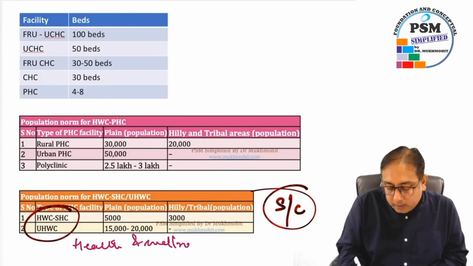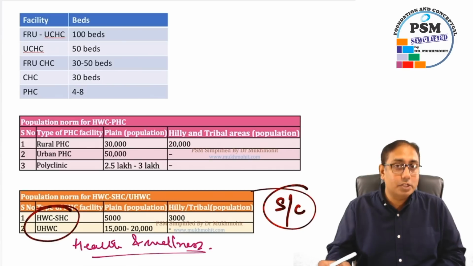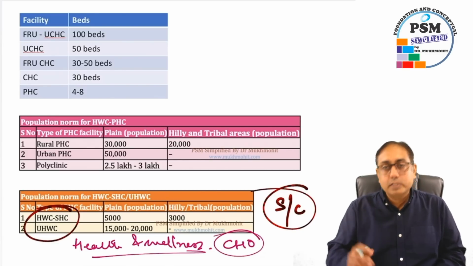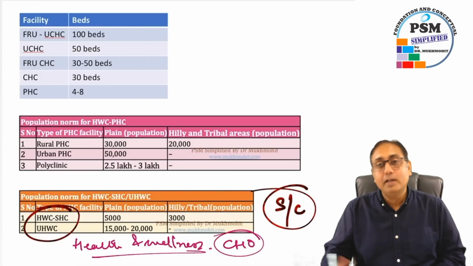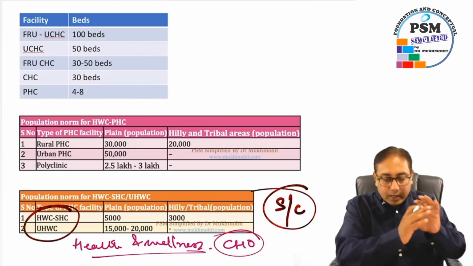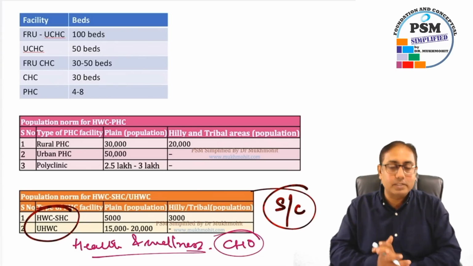They have been started under the Ayushman Bharat, where we have a comprehensive primary healthcare system, which started with the CHO post. CHO stands for community health officer, and these are nursing officers.